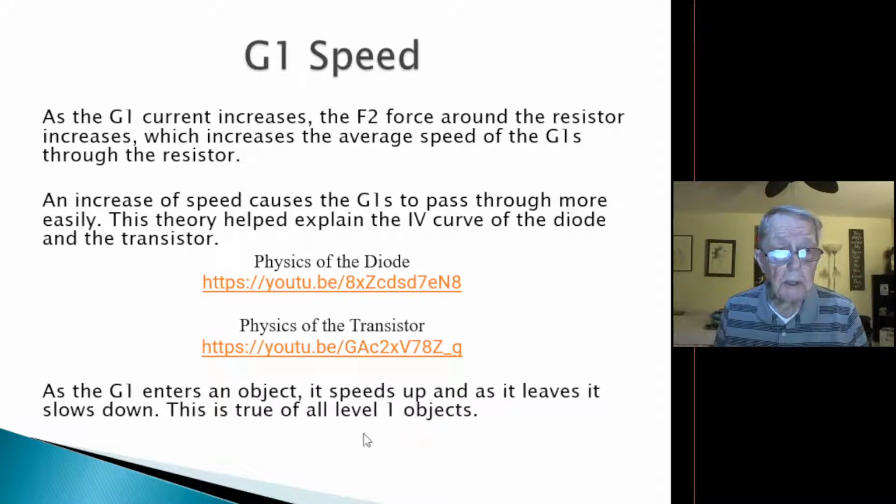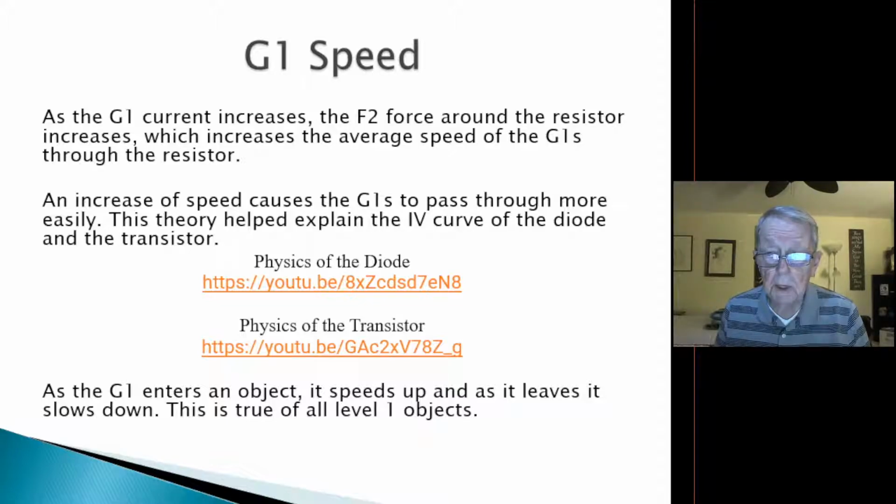The G1 speed is really important. And this is the rule that I'm now following since I've understood this particular feature of the model. As the G1 current increases, the F2 force around the resistor increases, which increases the average speed of the G1s through the resistor. An increase of speed causes the G1s to pass through more easily. This theory helped explain the IV curve of the diode and the transistor.